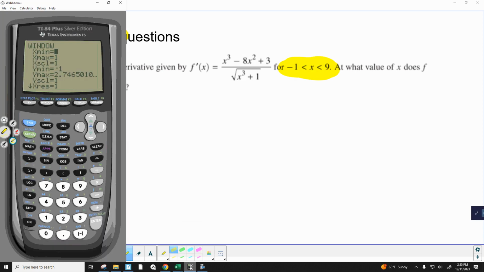Window, adjust your x's, zoom fit, adjust your y.